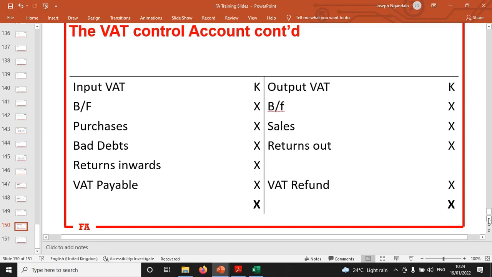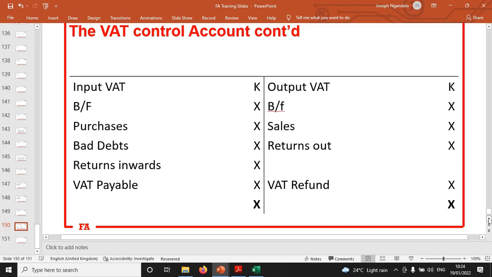So allow me to conclude by just explaining this. If the brought forward VAT is on the credit side, it means you owe the government. Do you understand? If the brought forward is on the debit, it means the government owes you a refund. Next, every time we make sales, we collect on behalf of the government, meaning that our VAT is increasing.